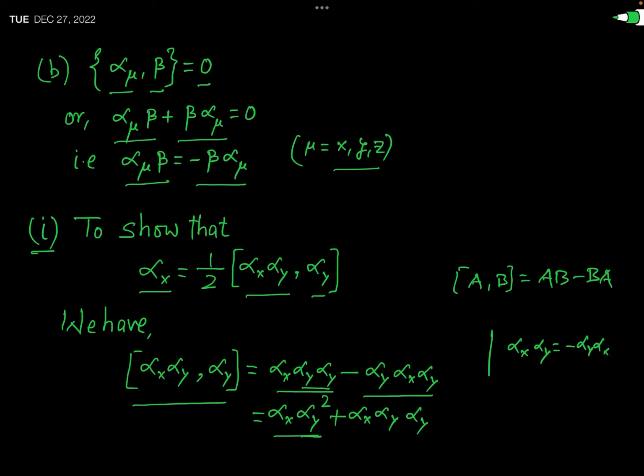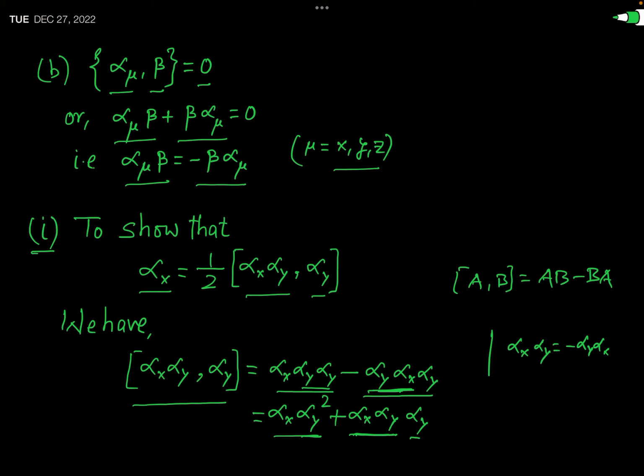You have seen, so instead of this minus alpha y, alpha x, we can write plus alpha x, alpha y. Instead of this minus alpha y, alpha x, I have written here plus alpha x, alpha y.